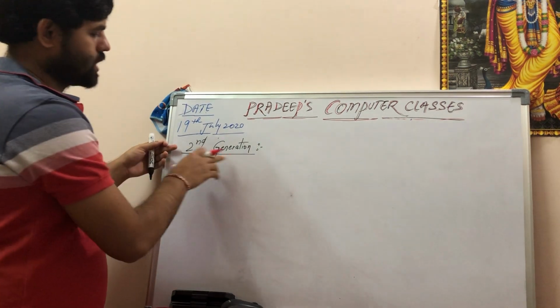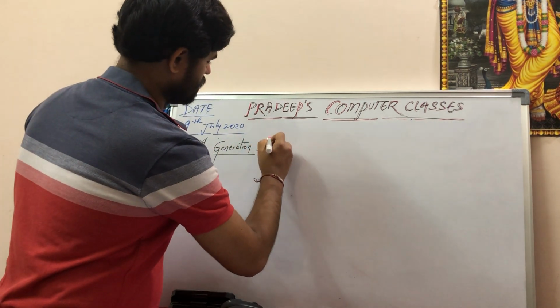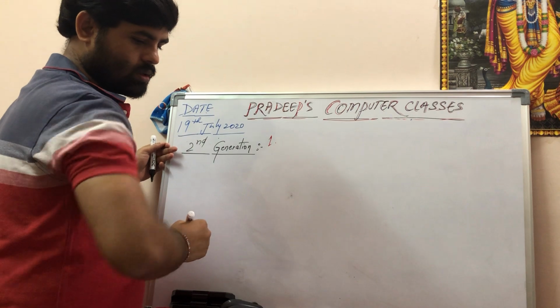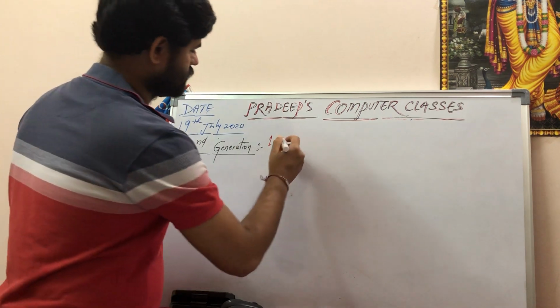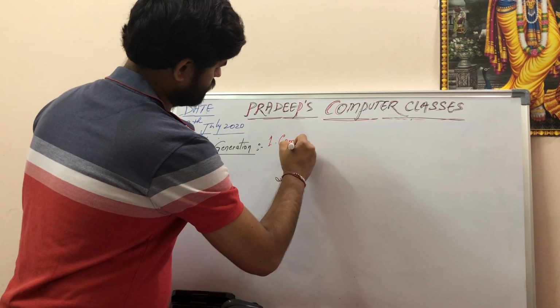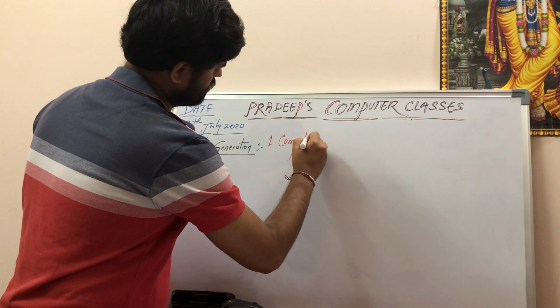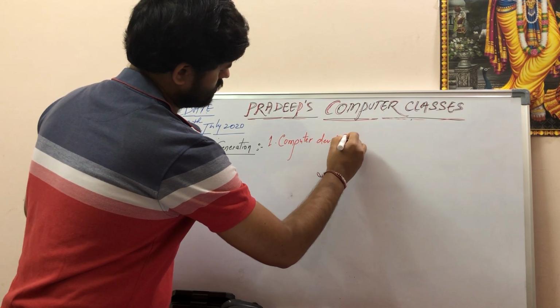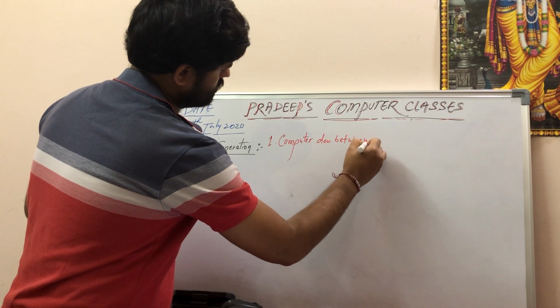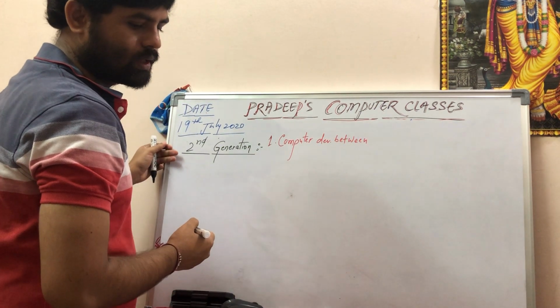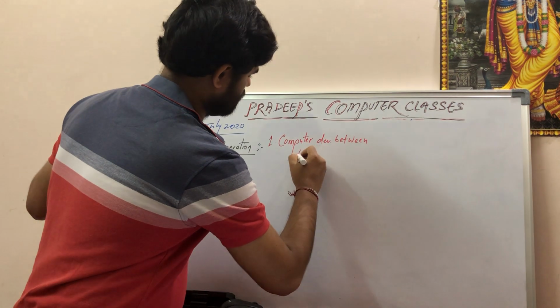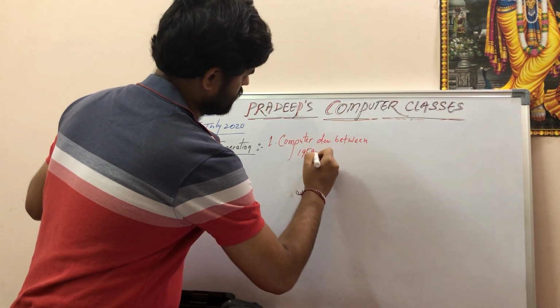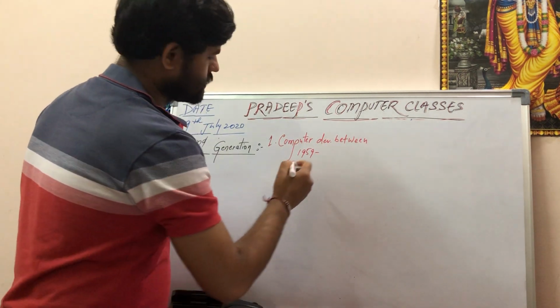You can write it down. Second generation. First, computers developed between 1959 to 1965.